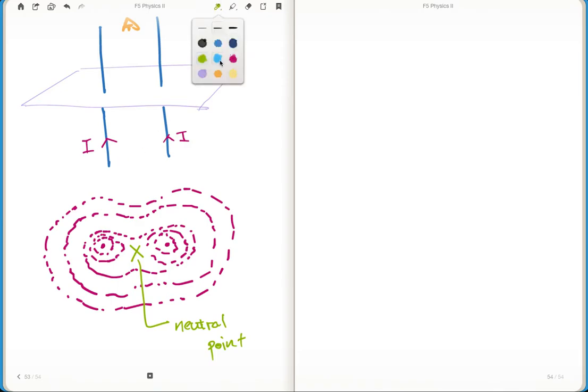You may pause this video and analyze what happens here. You should get a force from left to right, and another force from right to left, of equal magnitude, and therefore they cancel each other.